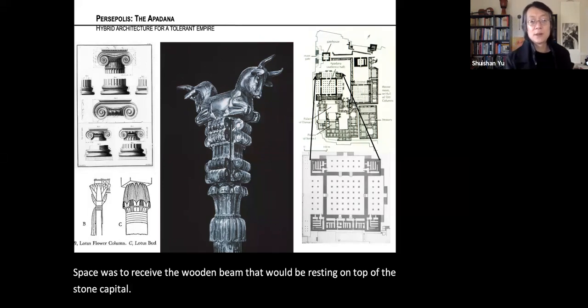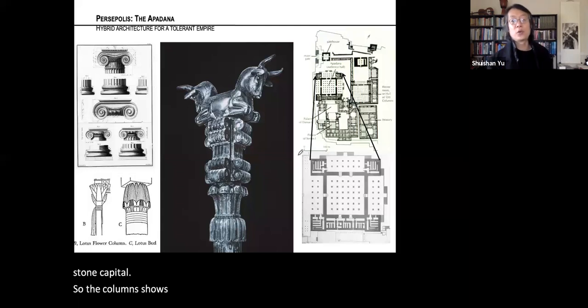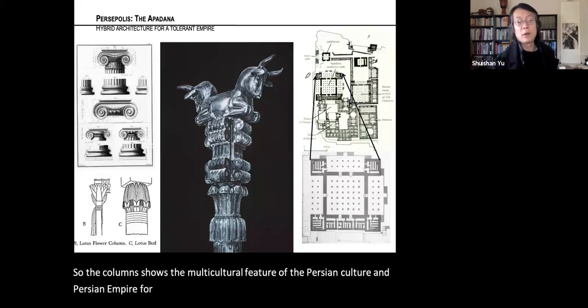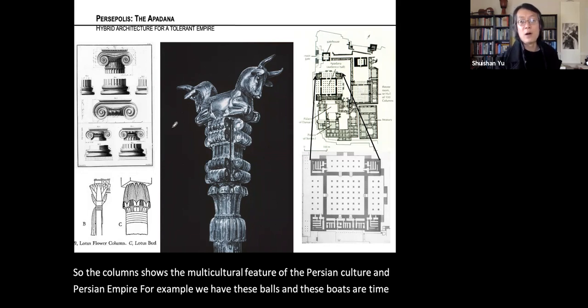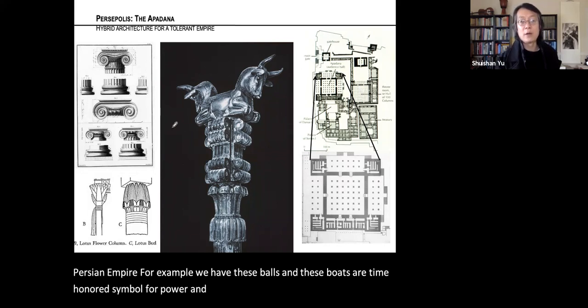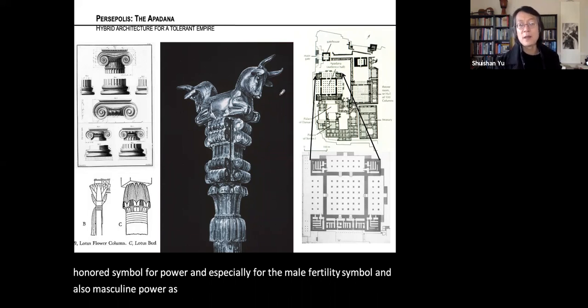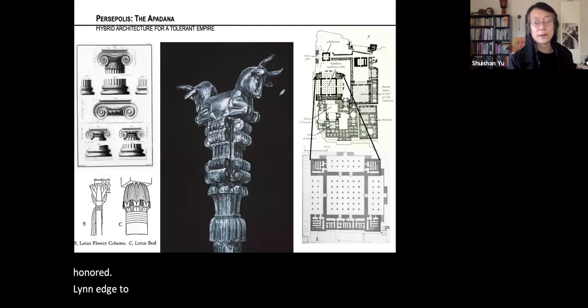So the columns show the multicultural feature of the Persian culture and the Persian empire. For example, we have these bulls, and bulls are a time-honored symbol for power, especially male fertility and masculine power in Mesopotamia, and also had a time-honored lineage to Neolithic art in the region.